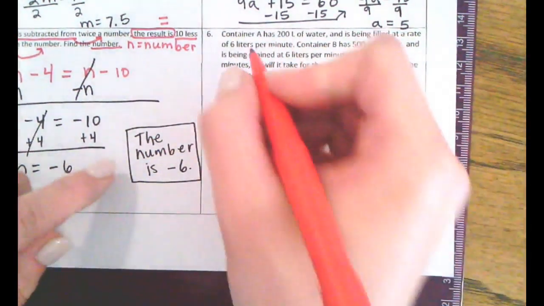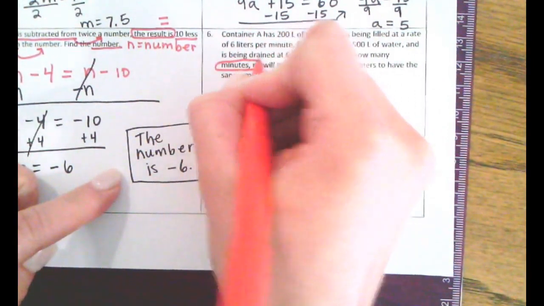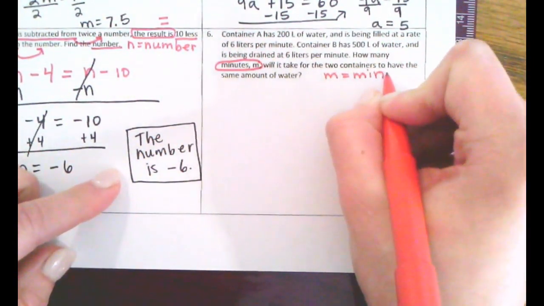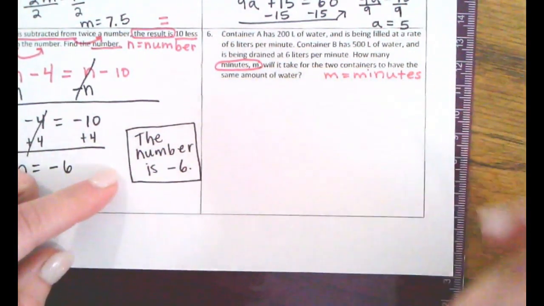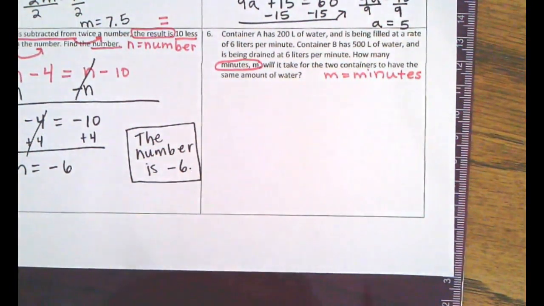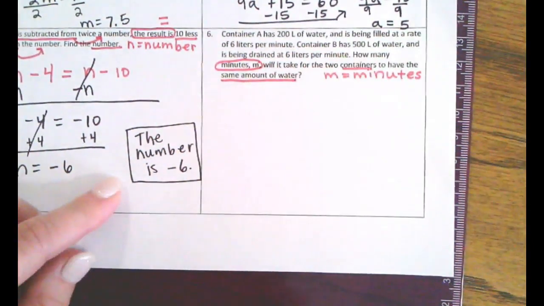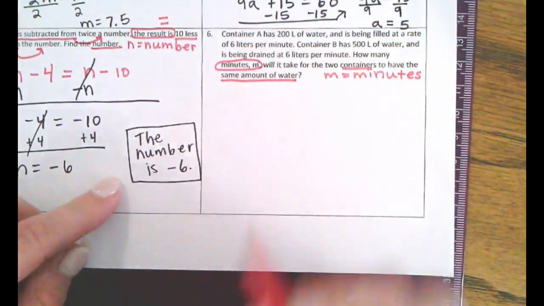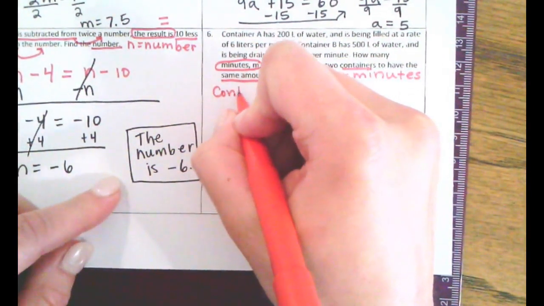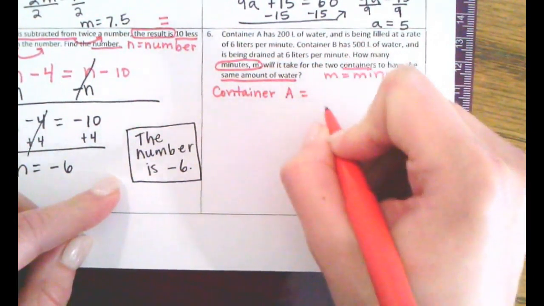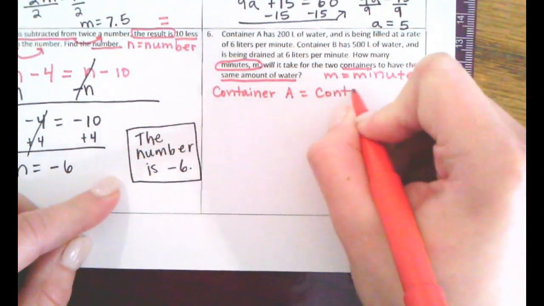So it has told us what letter to use for our unknown. How many minutes? We are using M. And we want our containers to have the same amount of water. Basically, I want container A equal to container B.